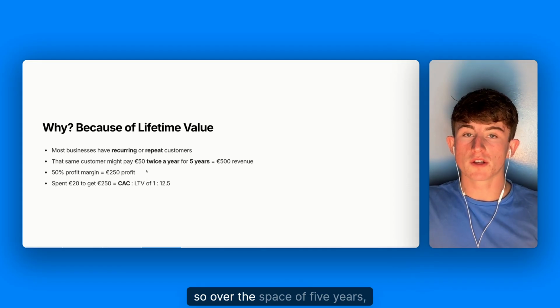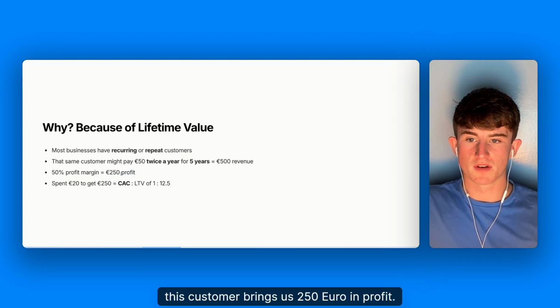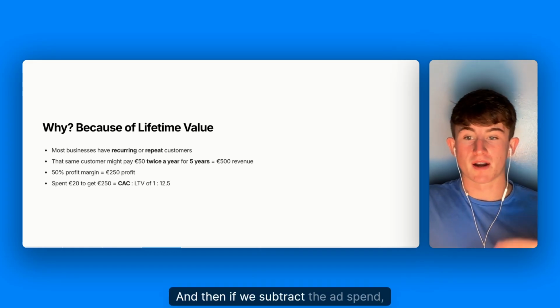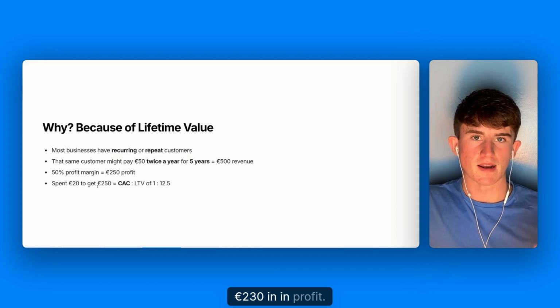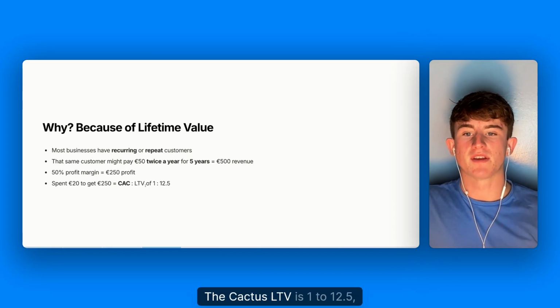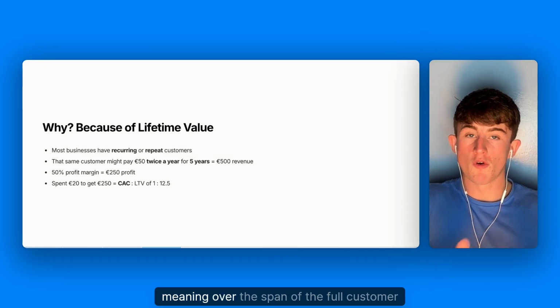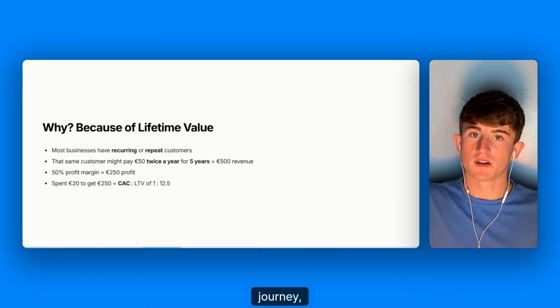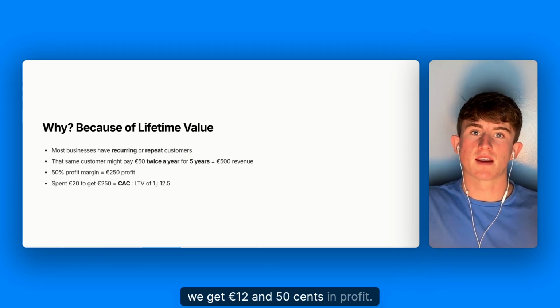Over the space of 5 years, this customer brings us €250 in profit. And then if we subtract the ad spend, we're left with €230 in profit. The CAC to LTV is 1 to 12.5. Meaning, over the span of the full customer journey, if we spend €1, we get €12.50 in profit.